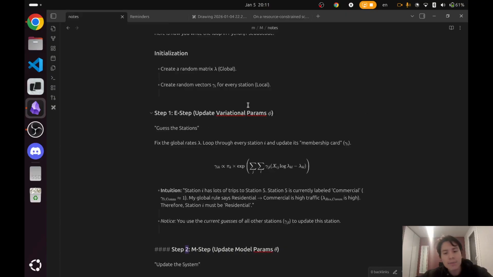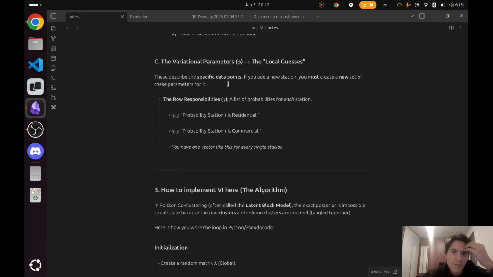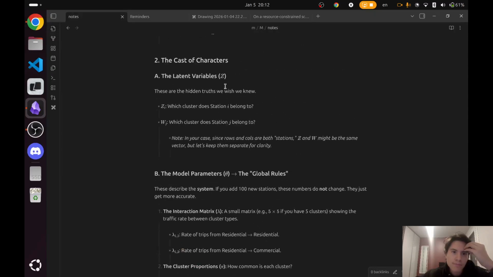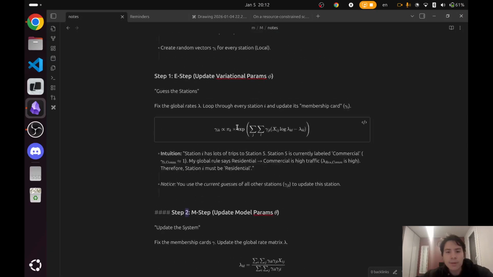And in the E step, you freeze some parameters, and you estimate. For example, in this case, we have a concrete example with latent block models, because here you assume that you have some sort of clusters, right?